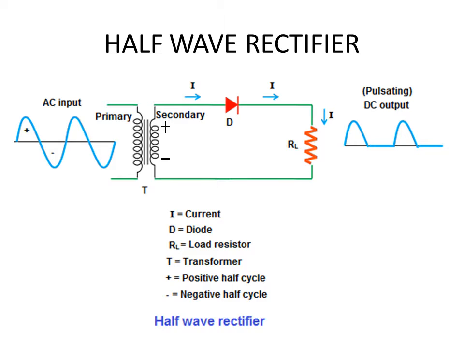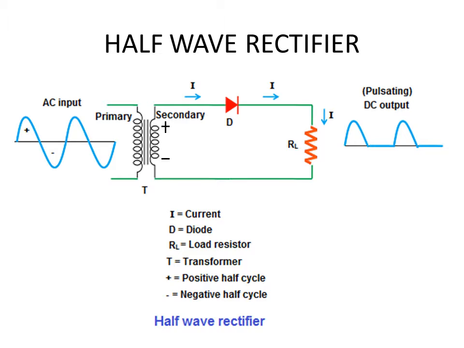The rectifier part is actually this diode and the load resistance. The transformer is only one option for giving the input voltage. If you have a low voltage AC source, then you can use it directly. But here the transformer is a convenient way of giving a low AC signal to the rectifier circuit. So we have drawn the circuit using the transformer.